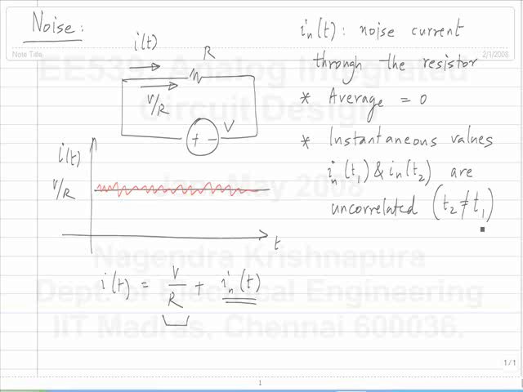And it also turns out that if you take a number of resistors, apply the same voltage V across all of them, and measure the noise voltage at the same instant through all the resistors, they will also be uncorrelated from each other. Okay. The noise in one resistor has nothing to do with noise in other resistors. They are uncorrelated.